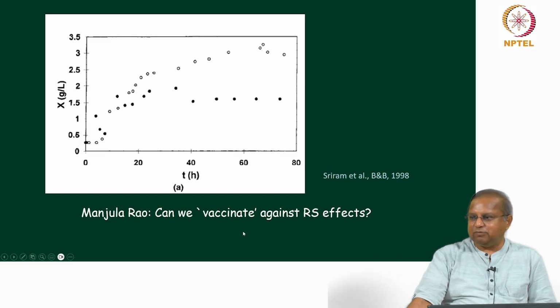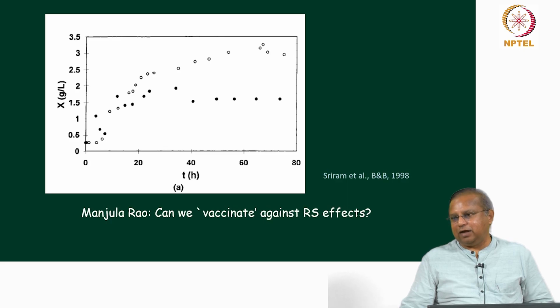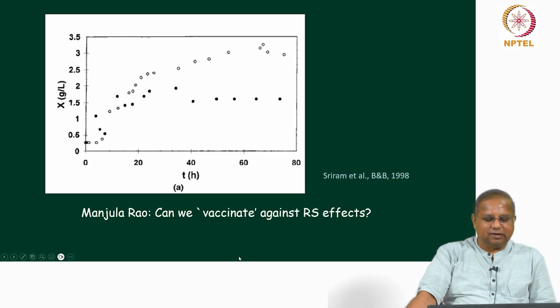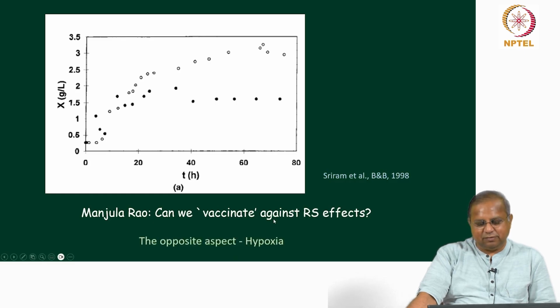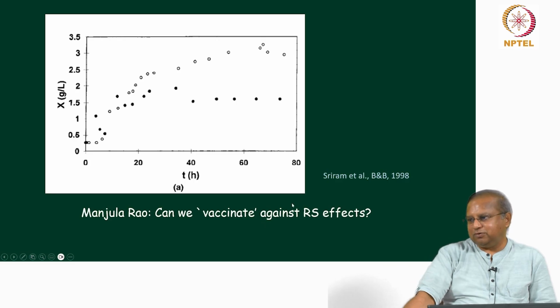And the first question was, I presented the thing to her. We were thinking about how to handle ROS. She said, can we vaccinate against the reactive species effects? Right. And that is the starting point of our future work into reactive species.